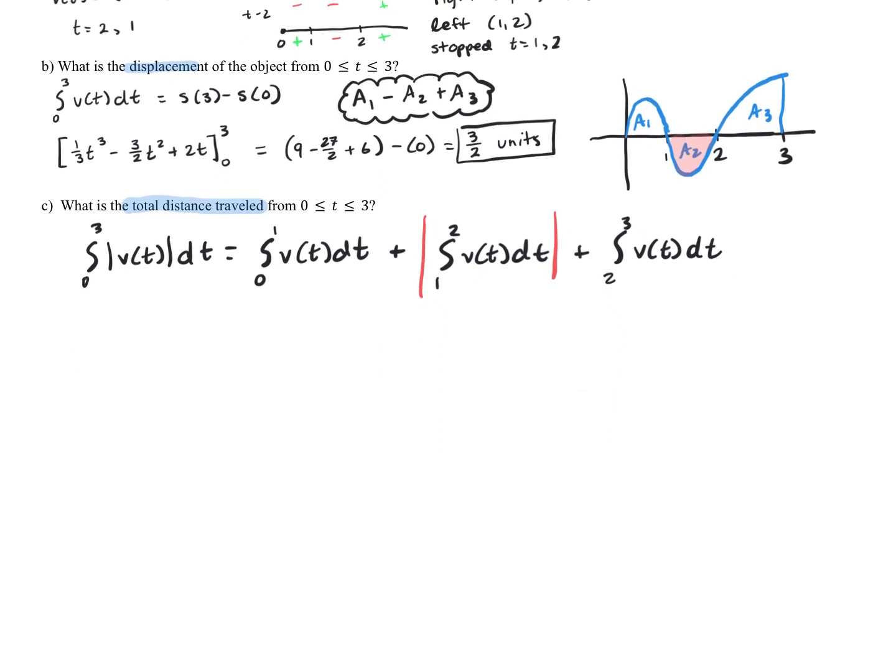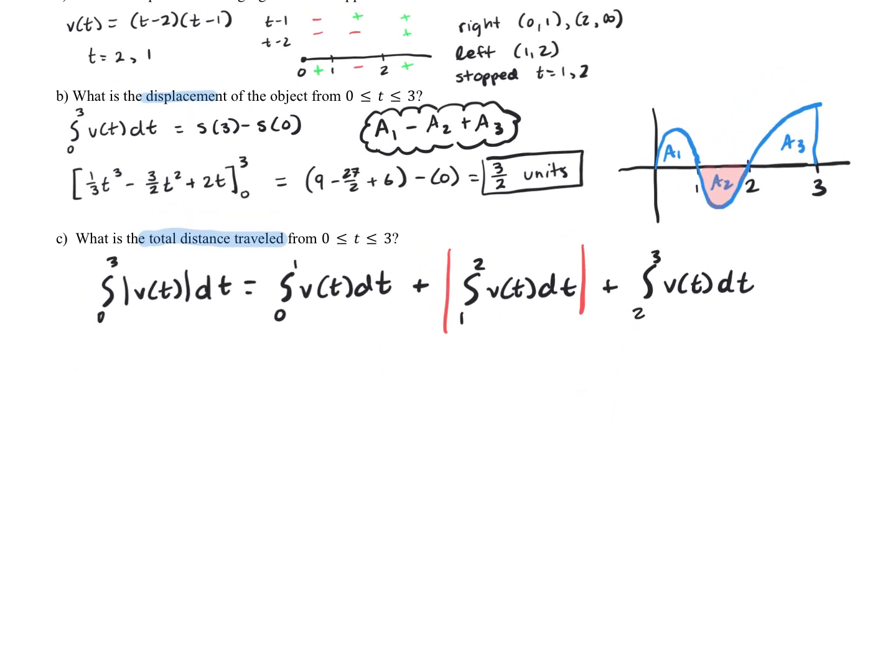So now we're going to evaluate those individual areas separately. So we still have that same antiderivative, so we've already found that, plus 2t, and we're going to evaluate that from 0 to 1. And then we're going to evaluate it again from 1 to 2, and then make it positive.